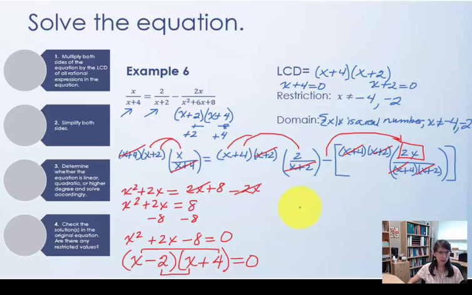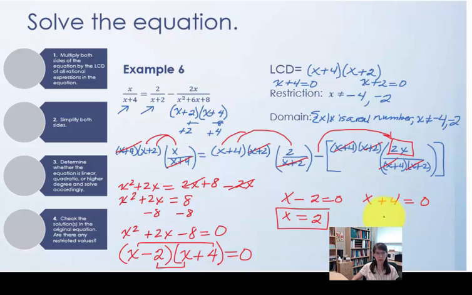Using our zero factor property, set each factor equal to 0. Our first factor is x minus 2, so when I solve that, I'm going to end up with x equals positive 2. Our other factor is x plus 4 set to 0. When I subtract 4, I'll get x equals negative 4.